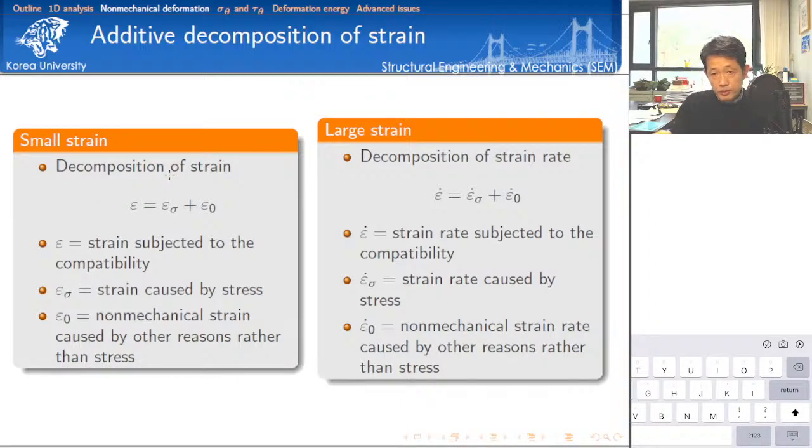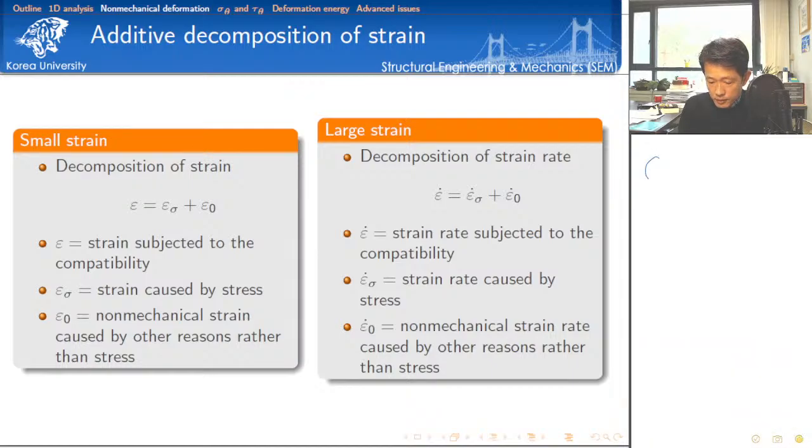Before we talk about Hooke's law, do you remember? I always emphasize that we have to use three laws, isn't it? Three conditions. The first one is equilibrium for force. So we have to deal with the forces, and then here we have to deal with the stress, and then strain, and then displacement.